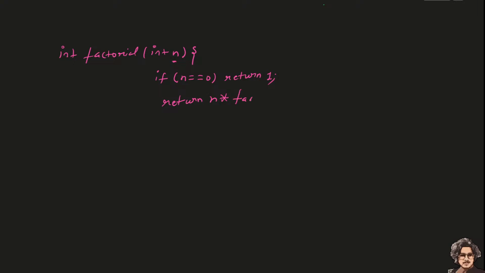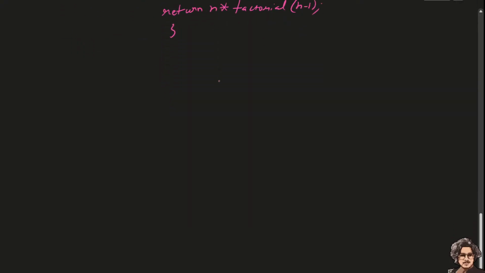So factorial of n minus 1. This is the code, and this is the code you have to trust. We never compute 4 factorial, we simply trust the recursion.